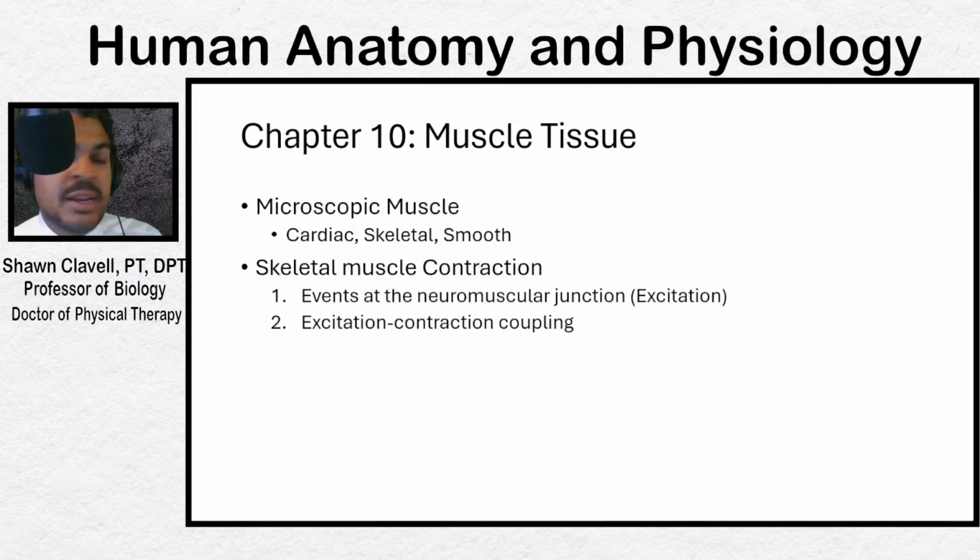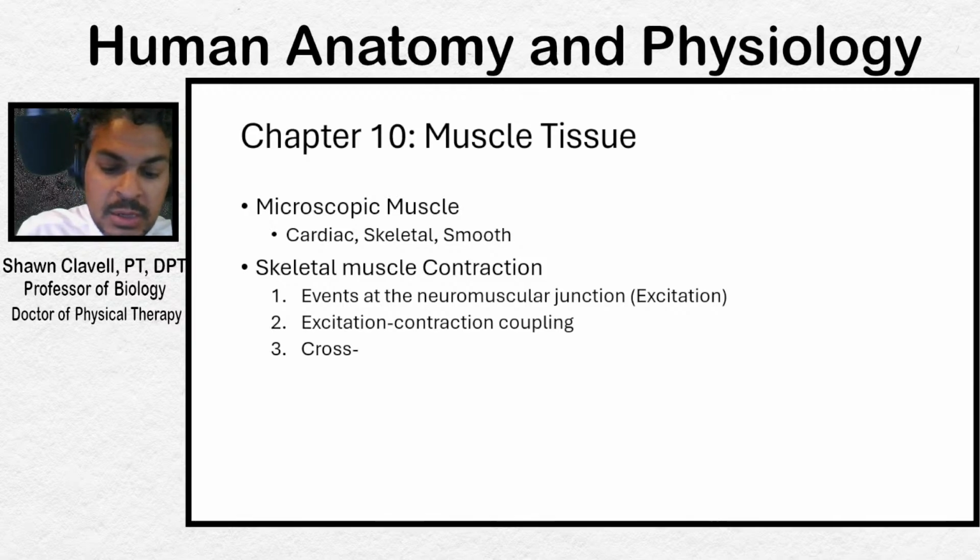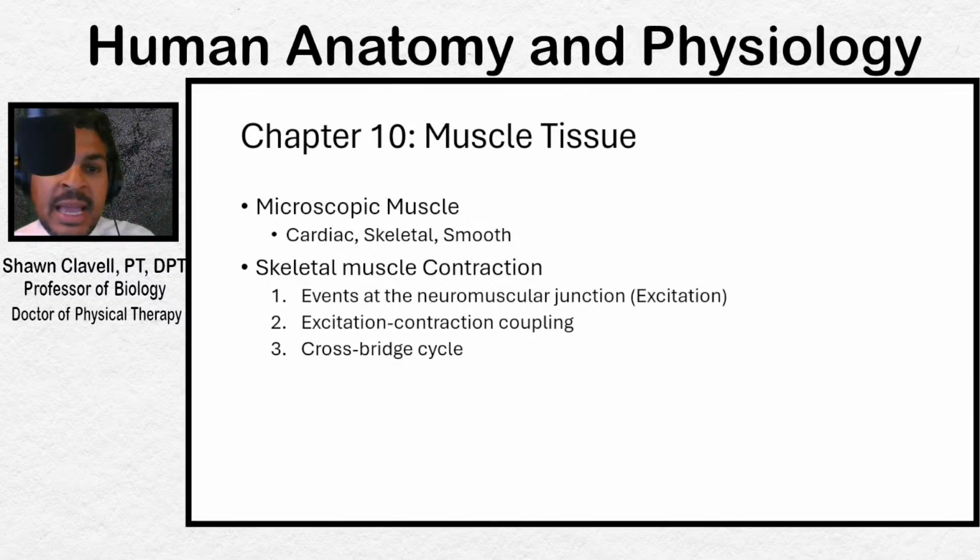It's referred to as the sliding filament theory. Ultimately, that leads to what's called the cross bridge cycle. The cross bridge cycle is the cycle of events that actually causes the proteins to slide, causing a muscle to contract.